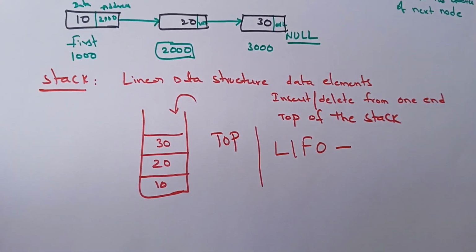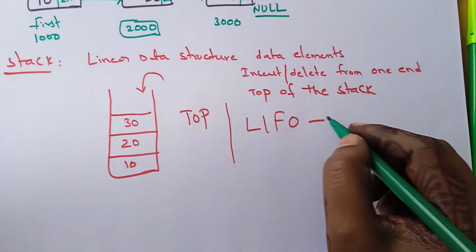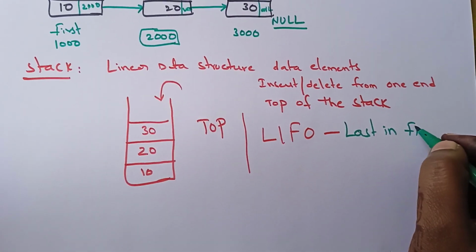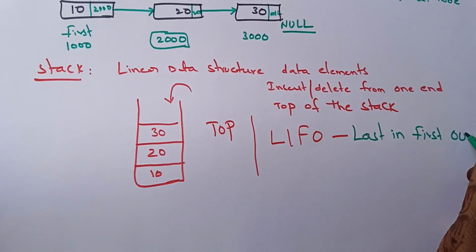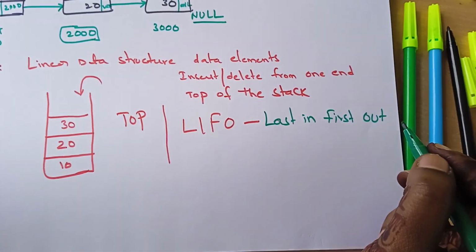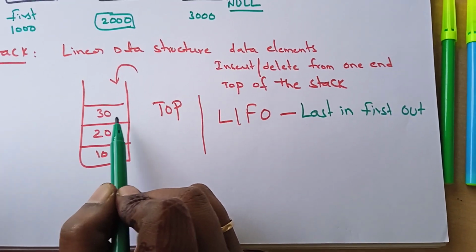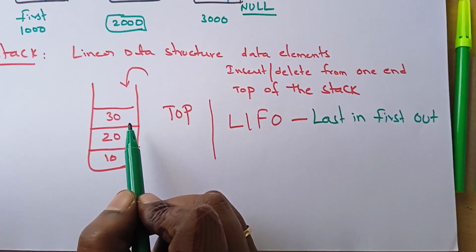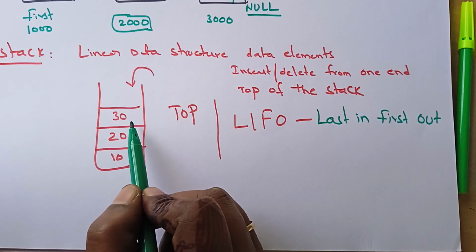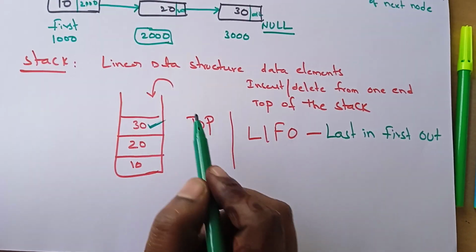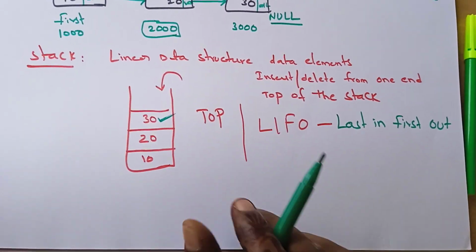LIFO stands for last in, first out. Now if you look at this 30, which was lastly inserted into the stack, as it is the top element, I have to delete it first, right? Now this is what LIFO is.